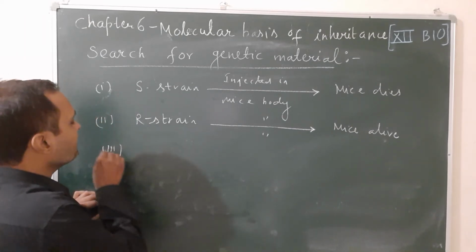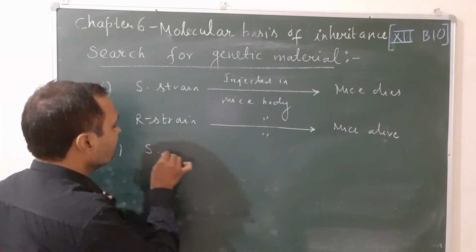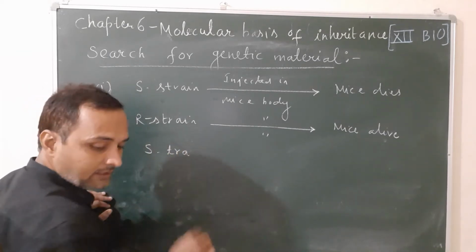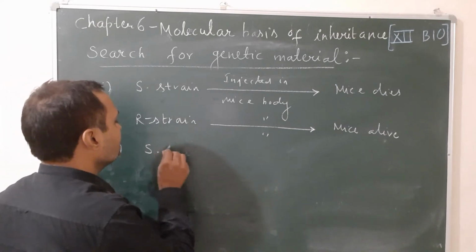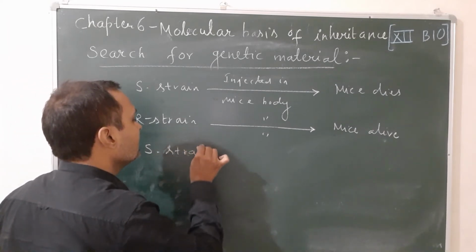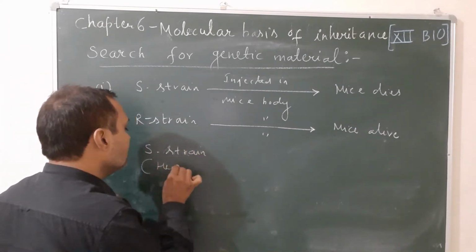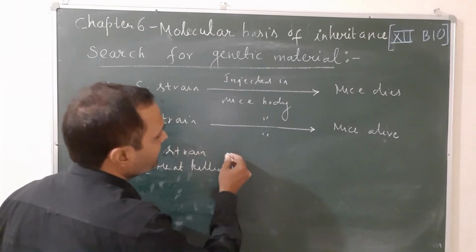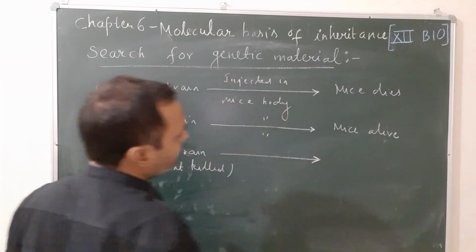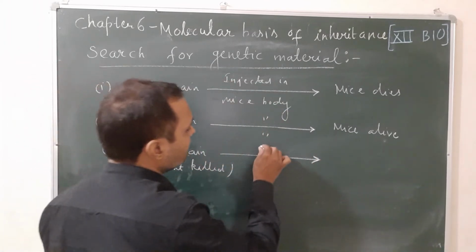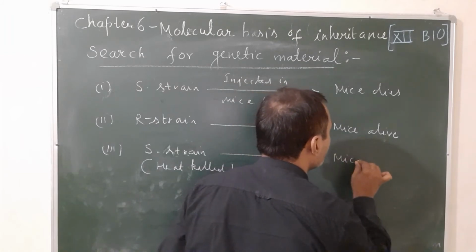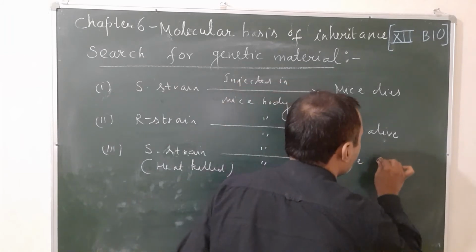In the third step, he took heat-killed S strain, that means S strain heated at high temperature, and injected it into the mice body. Then again the mice stayed alive.